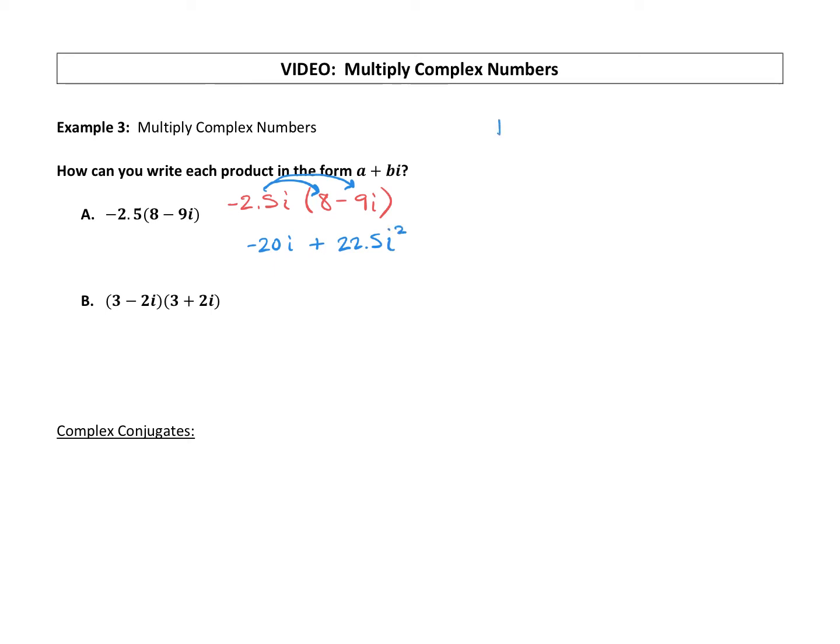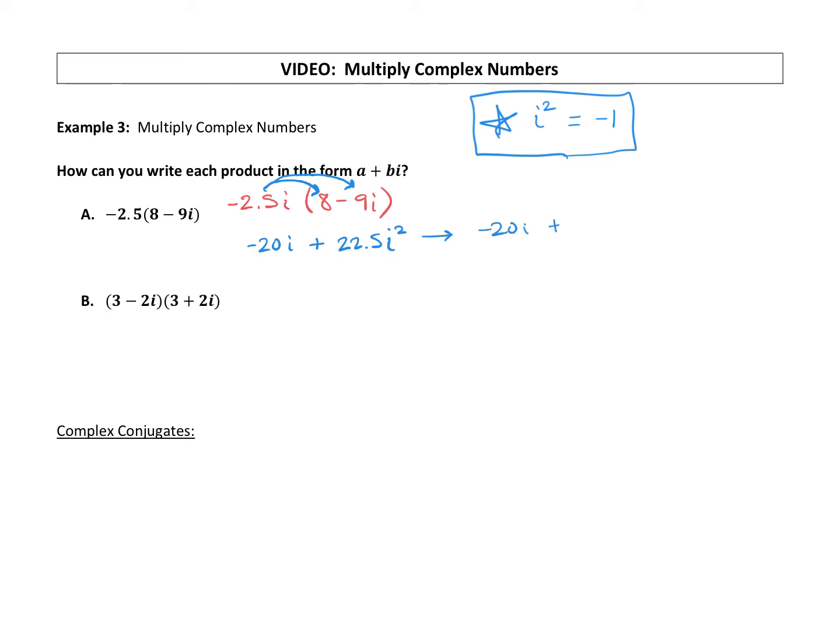Now, let's make a note with a big star. i squared has a value of negative 1. So anytime that i squared shows up in our work, we're going to replace it with a negative 1. So what that means is our negative 20i stays the same.